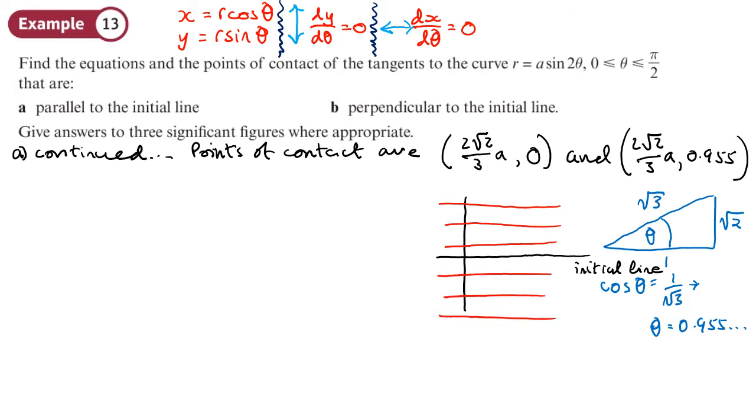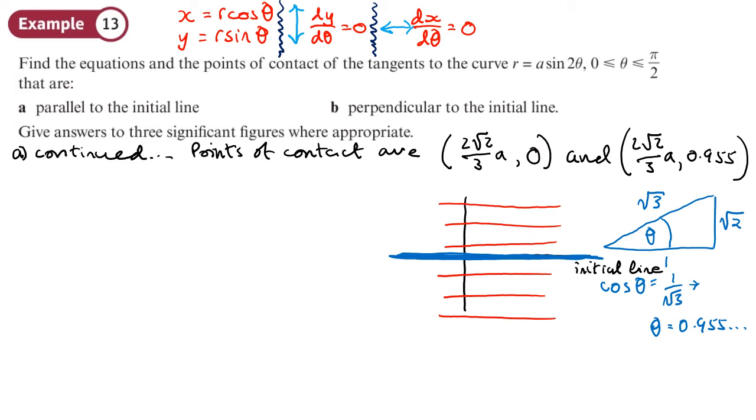Now the first one has a value of theta as 0. So if theta is 0, this is the tangent here, because it's contacting that point that I've got here. At this point, R equals this, theta equals 0.